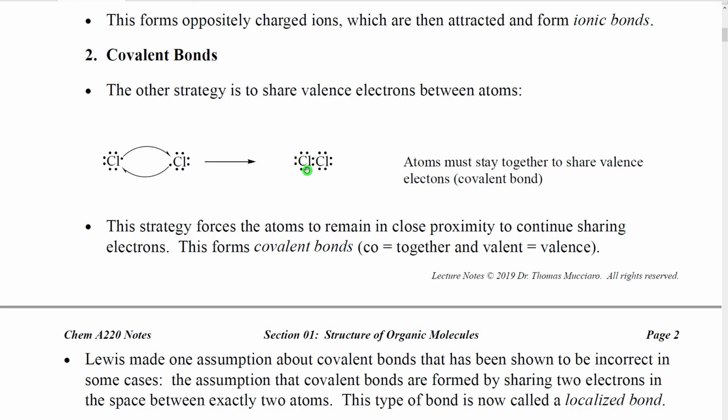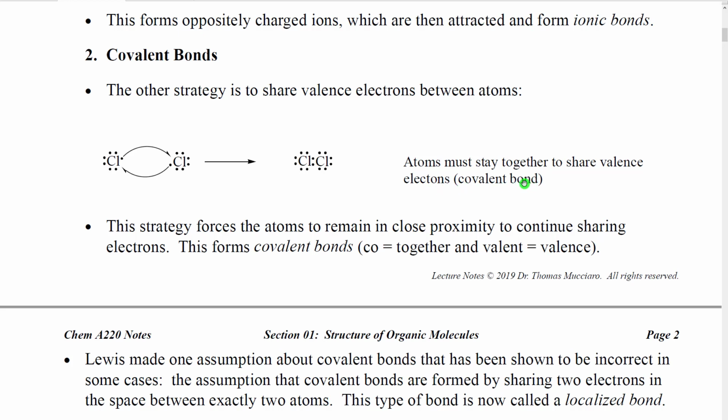If we then look at each chlorine atom, from its perspective as it looks out, it sees 2, 4, 6, 8 electrons. So it effectively believes that it has a complete octet. Now, one of the consequences of this is that the atoms must stay together in order to continue sharing these electrons. And so this becomes what we call the covalent bond.